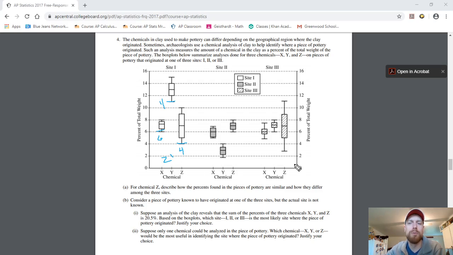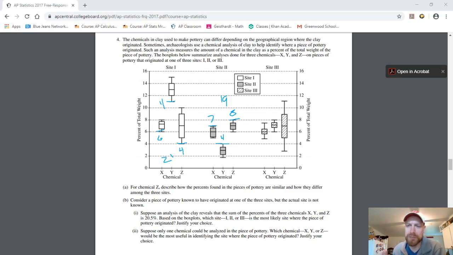So the one with the smallest possible sum from site 1 is 21%. The one with the largest possible sum from site 2 is 7 and 4 and 8, and that's 19. And so it couldn't be from site 2 either, so it must be from site 3.